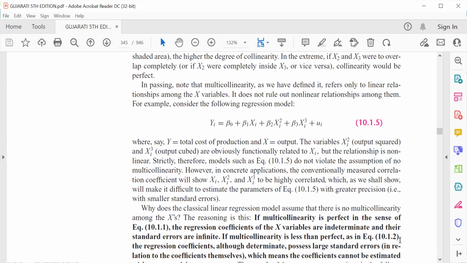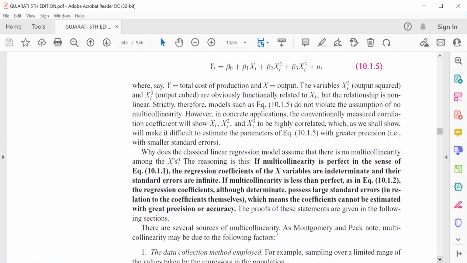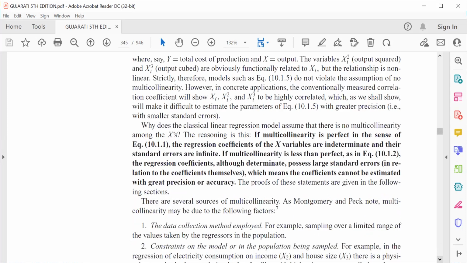If multicollinearity is less than perfect, as stated in equation 10.1.2, the regression coefficients, although determinate, possess high standard errors, so the coefficients become not significant.